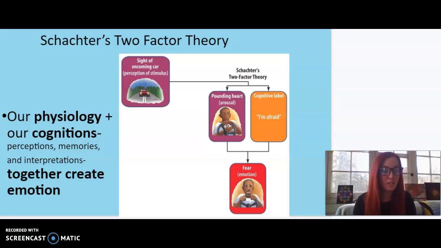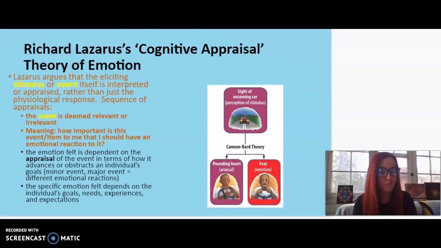So what am I feeling? Am I feeling terror that a car's coming towards me, or am I feeling excited that a car's coming towards me? Obviously, that would lead us to feel fear. And so it's our physiology plus our cognition, maybe our perception, our memories, our interpretations of the event, that together create the emotion that we're going to feel.